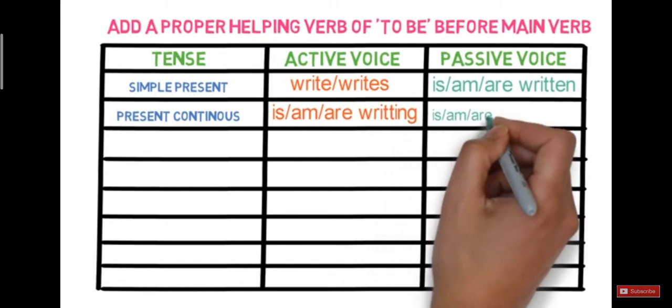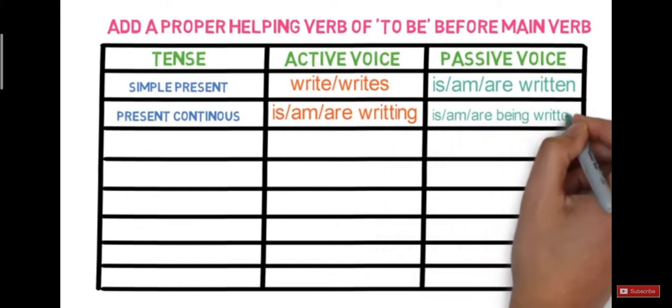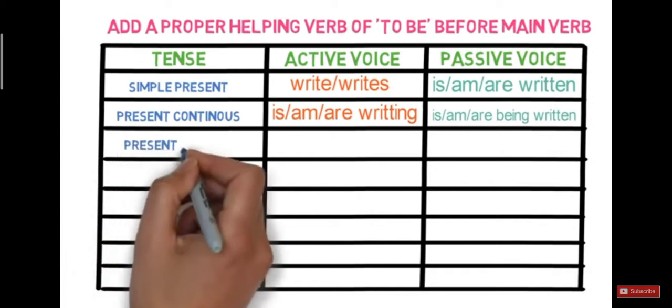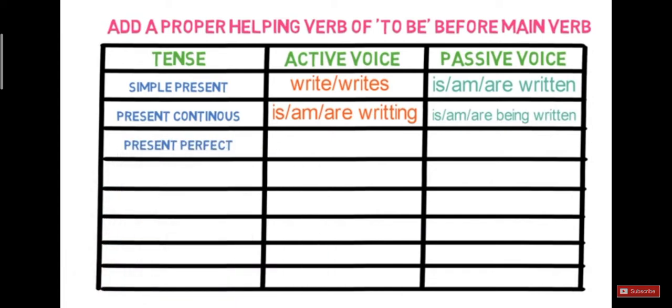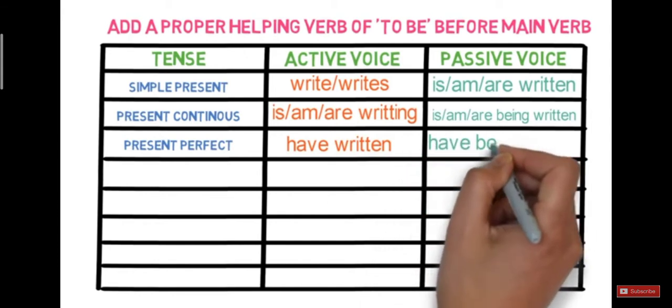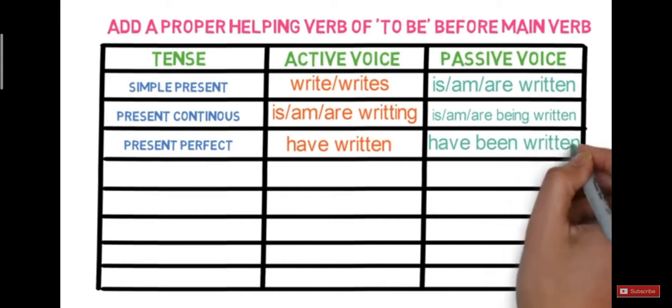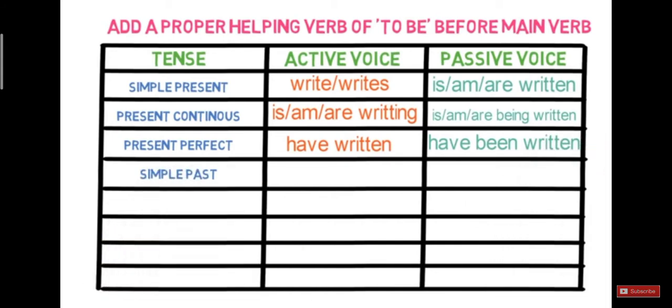So what will become? Is, am, are will be there. But instead of writing, we'll use being written. Is, am, are being written. Present perfect, have written. Passive voice, have been written.